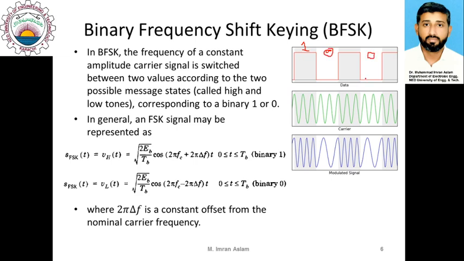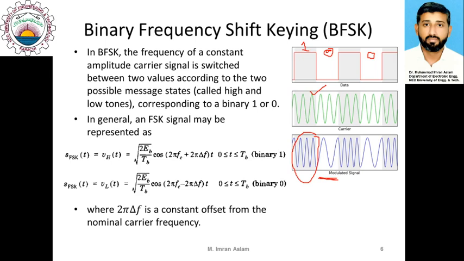The gray area represents the 1 and the white area represents binary 0. So when we modulate this binary data onto a frequency modulated system, the binary 1 is represented by a relatively higher frequency of the carrier, and the binary 0 is represented by a relatively low frequency of the carrier wave. So the carrier frequency gets changed as we change the information.